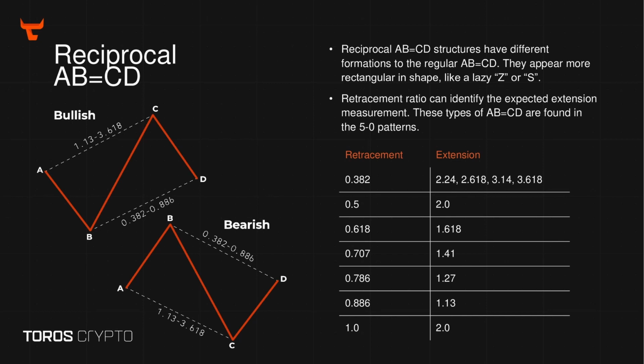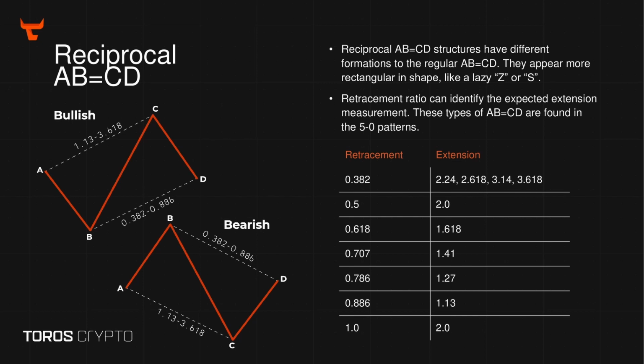However, within here you can see you have the AB leg and then you retrace down to C, followed by an upwards movement to D. That part of it appears to be like a lazy S or a lazy Z, so it has that more boxy kind of shape rather than the diamond shape that the other ABCD has. The reciprocal ABCD is fundamental in the 5-0 pattern, which we'll discuss at a later point in this slide deck.